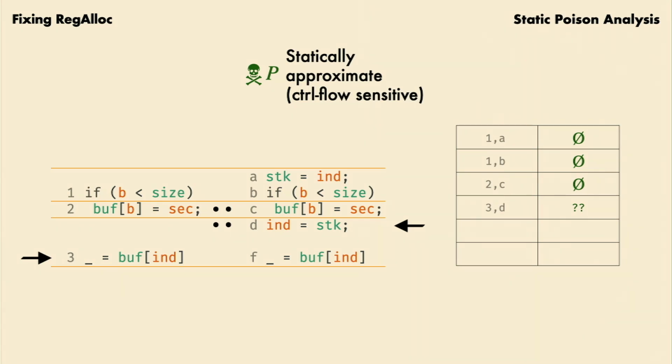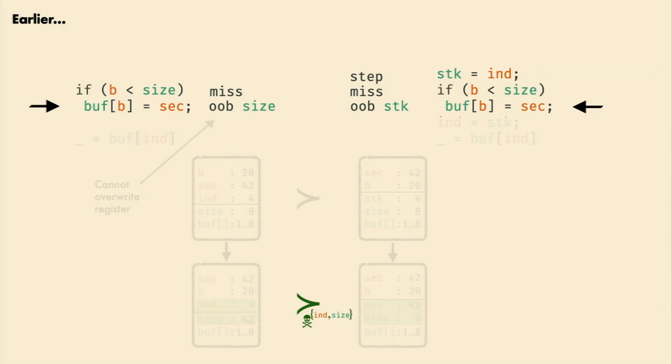We have seen earlier how this looks in the dynamic case. We had this out of bounds instruction which aligned on stack, and from that we got that all registers that are on the stack should be poisoned, right? If there's a second register on the stack, we could also poison that. So statically, we have to choose all registers that are currently residing on the stack.